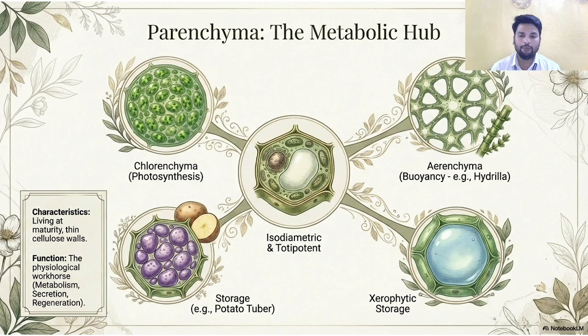When parenchyma cells store starch within them, that is known as a storage function, as in tubers. And in xerophytic conditions, these parenchymatous cells store water. So parenchymatous cells provide very important functions in metabolism, secretion, and regeneration.